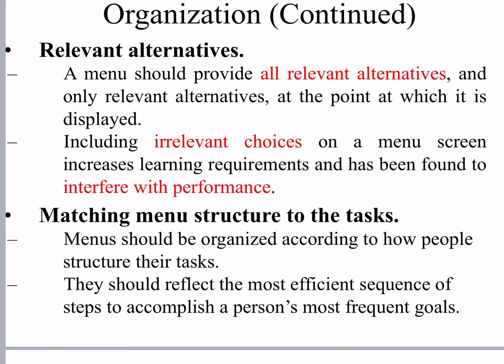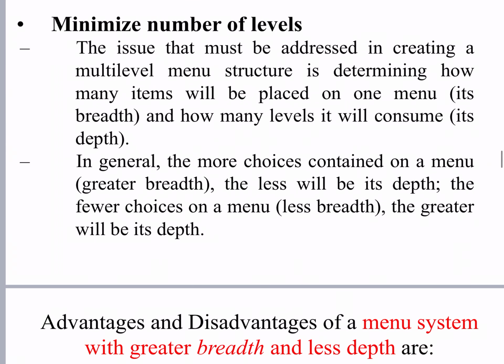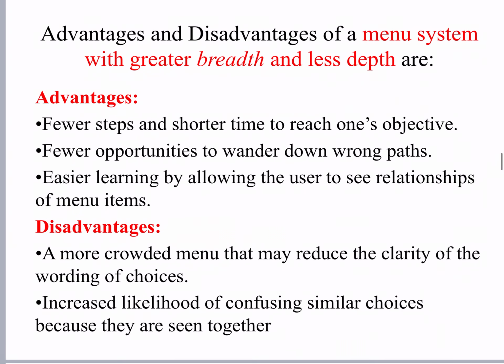So we have to always make sure that we provide only the topics that are related and relevant. Matching menu structure to the task: the menu should always be recognized and should reflect the task as told, and minimize the number of levels as discussed. And when it comes to that, we will also have to discuss the advantages and disadvantages of the menu.